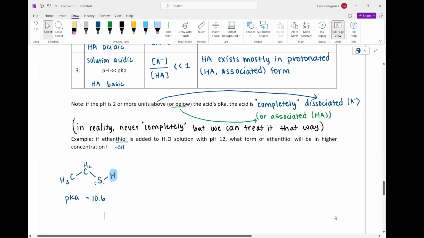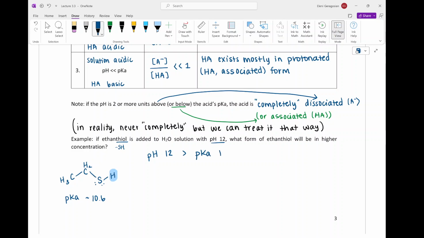Okay, now we need to consider pKa of 10.6 versus a pH of 12. Well, pH of 12 is greater than, I'll write in values here, pH of 12 is greater than pKa of 10.6. This means that the molecule is more acidic than the solution.